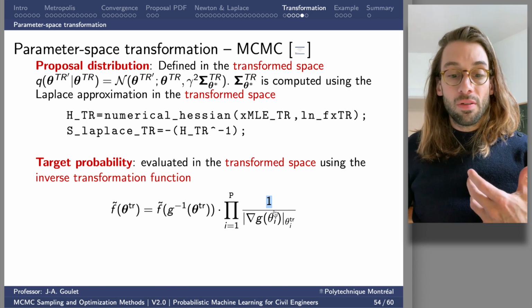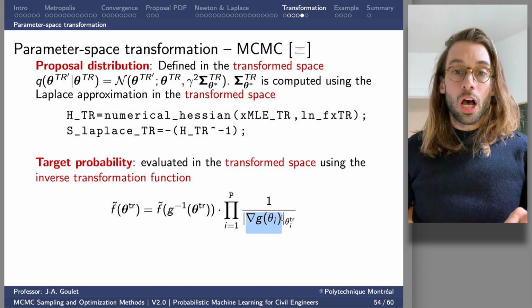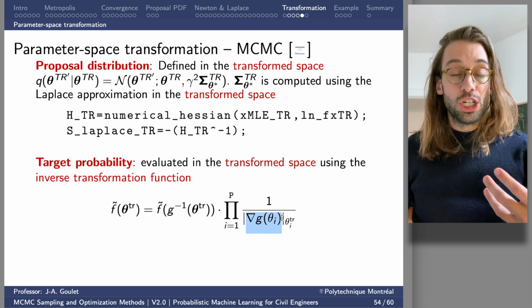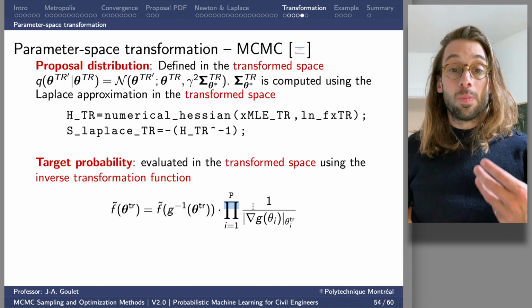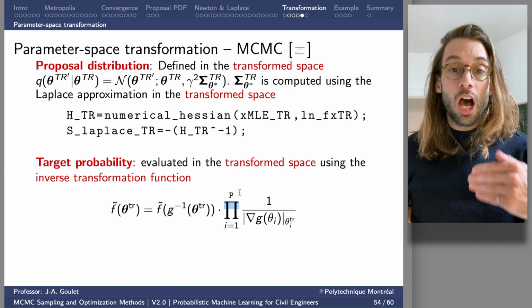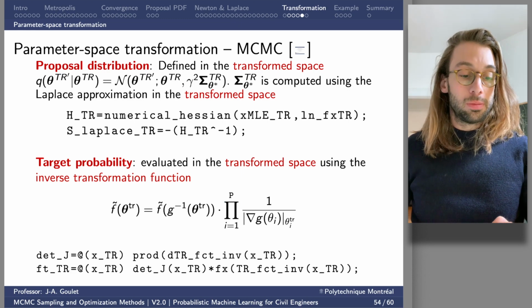The determinant of a diagonal matrix is the product of the terms on the diagonal. So here my derivatives are going to be 1 over the gradient with respect to each of my transformation functions for each dimension in absolute value, and I'm going to take the product of this. So the terms I have here is basically the determinant of the Jacobian of my transformation function for each dimension.